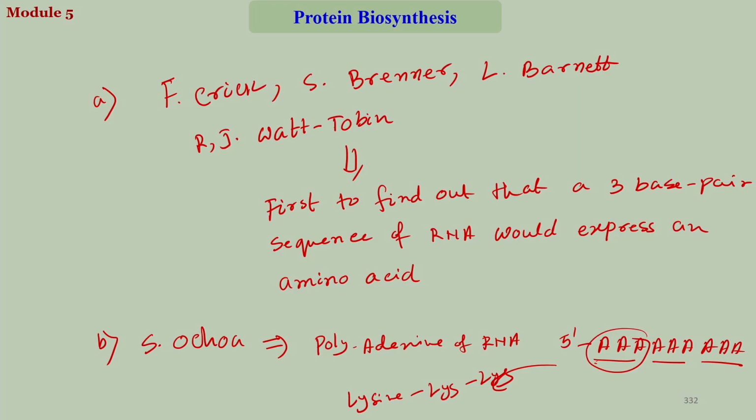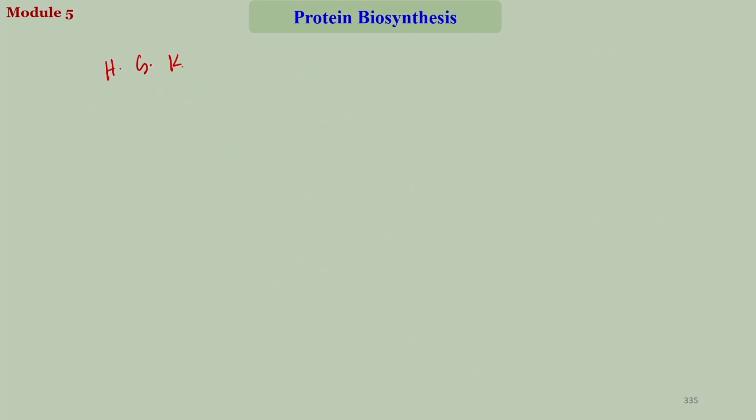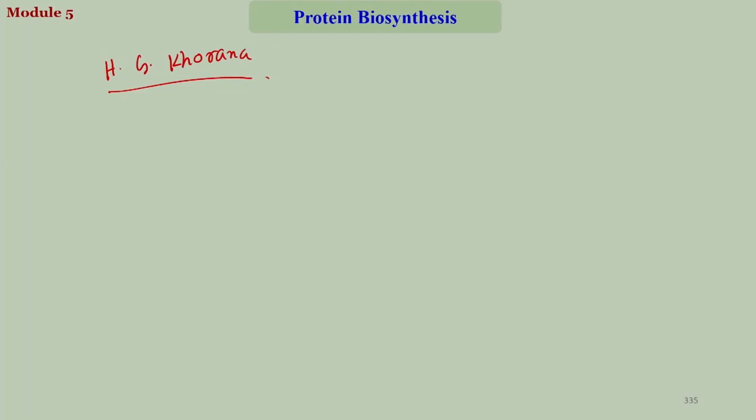Then came our own Professor Hargobind Khorana. Professor Khorana was the person who actually discovered the rest of the amino acid table, the rest of the codons versus the amino acids, for which he received the Nobel Prize in Physiology and Medicine in 1968. All these things happened much before.